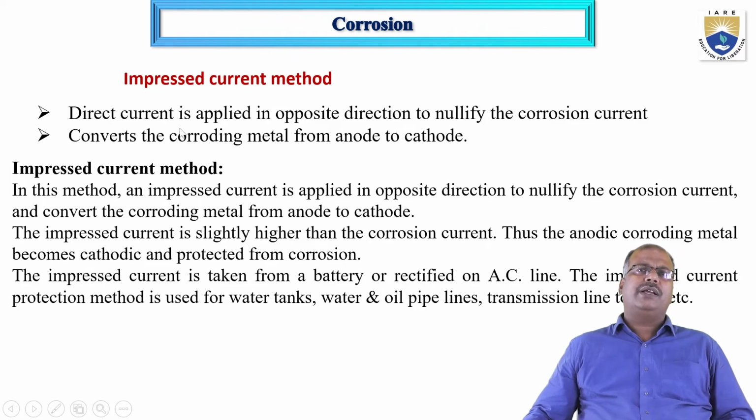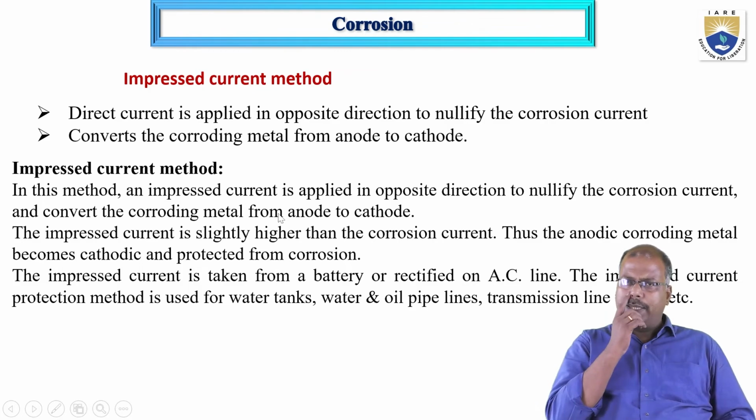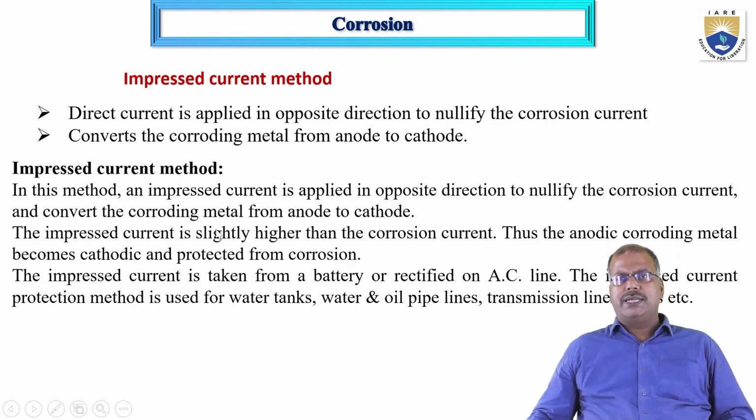It converts the corroding metal from anode to cathode. So in this method, an impressed current is applied in the opposite direction to nullify the corrosion current and convert the corroding metal from anode to cathode. The impressed current is slightly higher than the corrosion current. Thus, the anodic corroding metal becomes cathodic and is protected from corrosion.